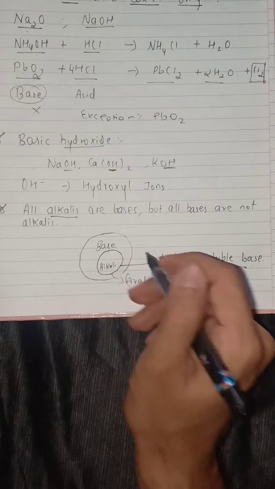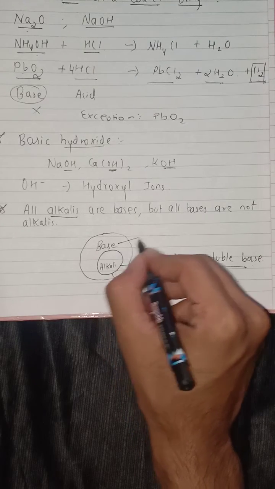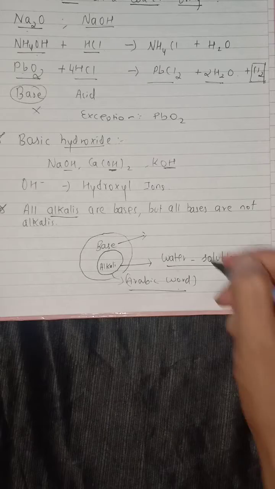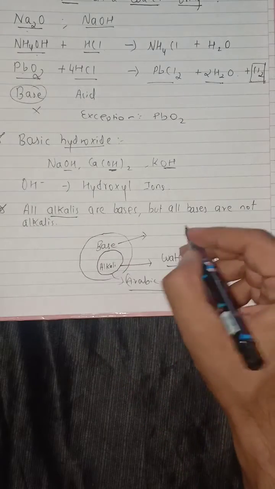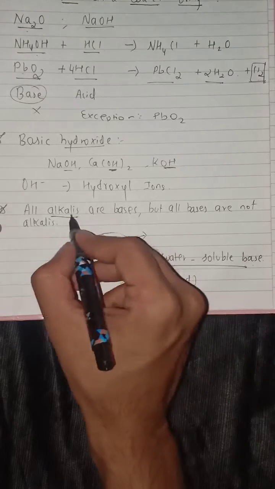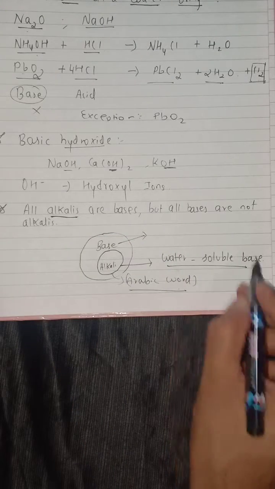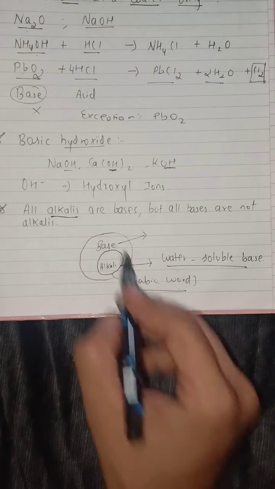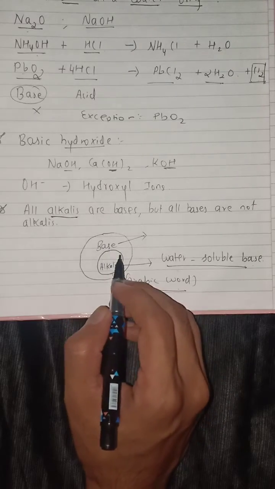Bases are called alkalis when they are water soluble. If they are not water soluble, they will be considered only under the base.